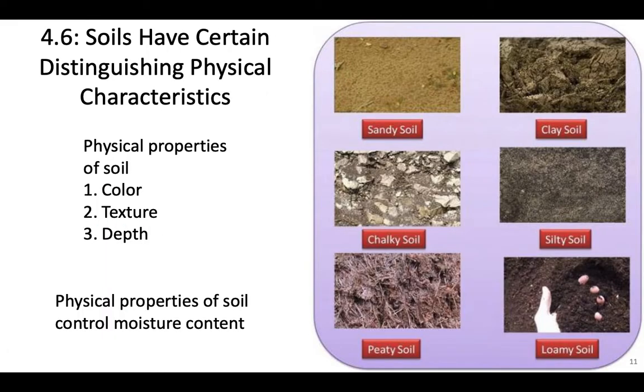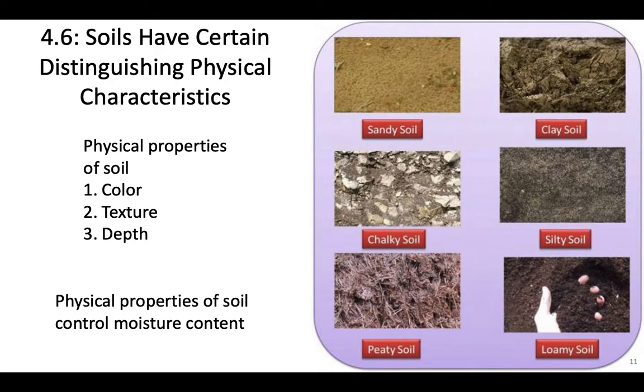Let's talk a little bit about texture. So texture is going to dictate a lot of what amount of moisture can be held by the soil. So sandy soil doesn't have quite as high of a capacity for holding water, and is not nearly as stable for some plants, like we talked about with the mangroves that grow in the ocean.